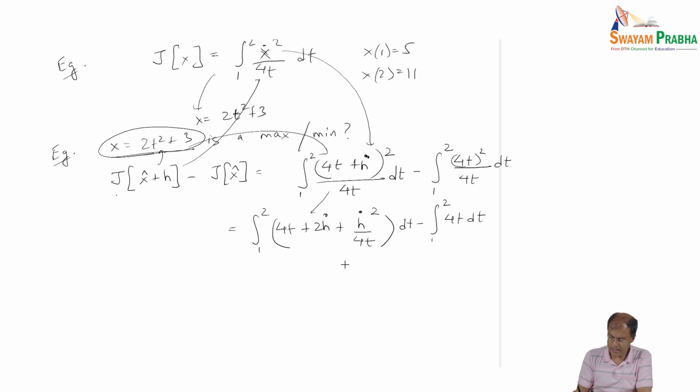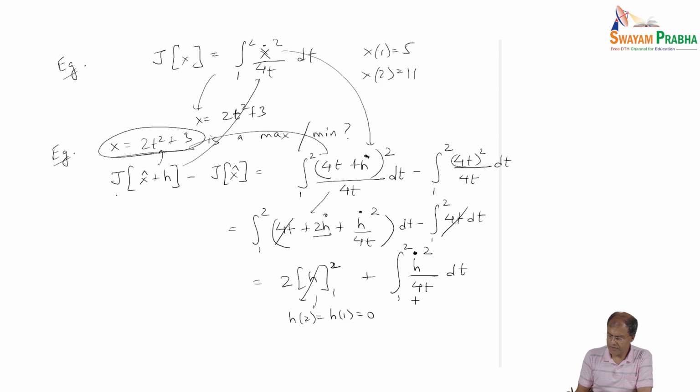Then we can cancel out this quantity, and we can integrate this to get 2 of h evaluated at the end points, and we know that the perturbation is such that h evaluated at the end points will be 0. And then finally we get the remaining integral of this form, h dot square by 4t from 1 to 2 dt.